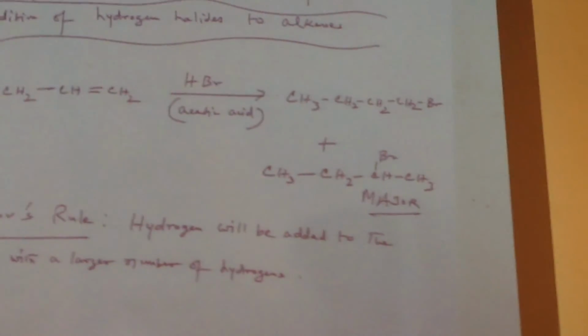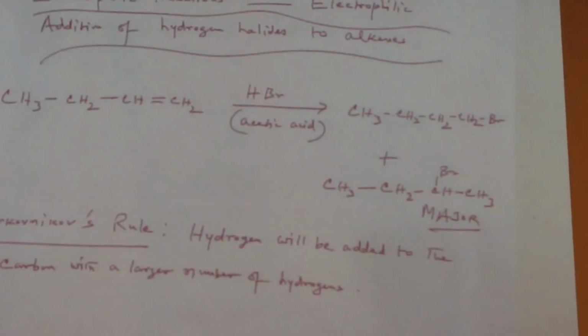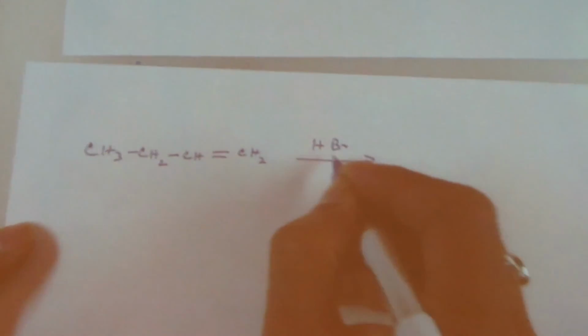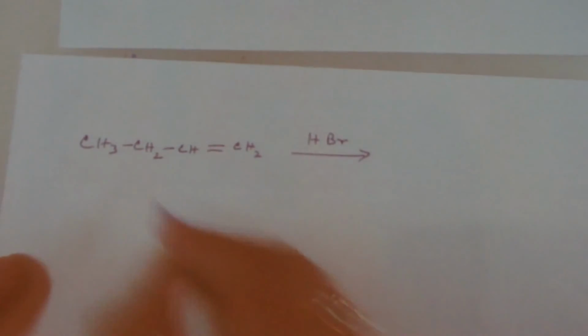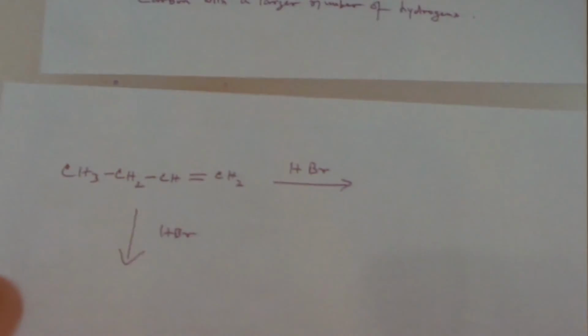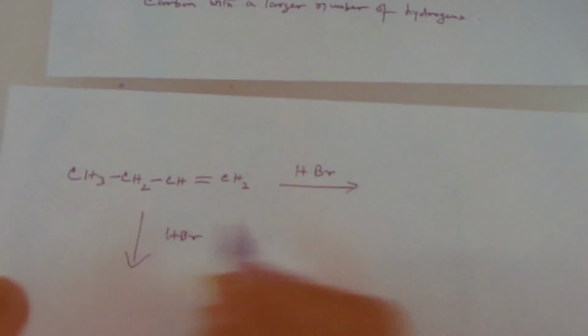So the explanation of Markovnikov's rule is as follows. We start with what happens when a hydrogen halide is added. Now, let's add the hydrogen first. That is actually the way this reaction progresses. If you add the hydrogen, it's H plus that is added to one of them.